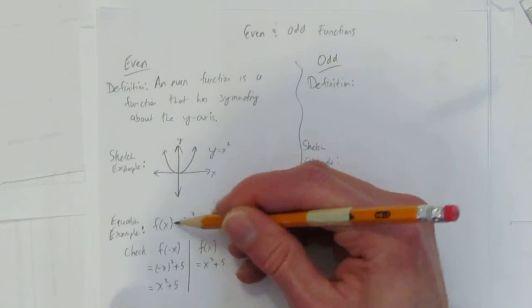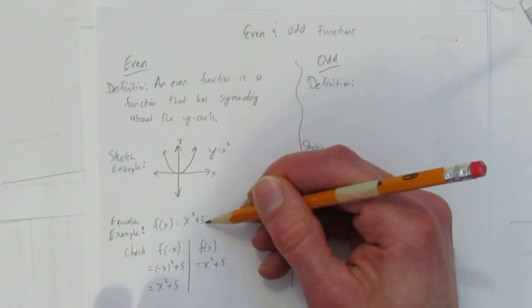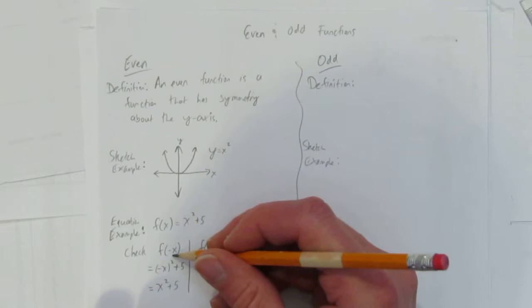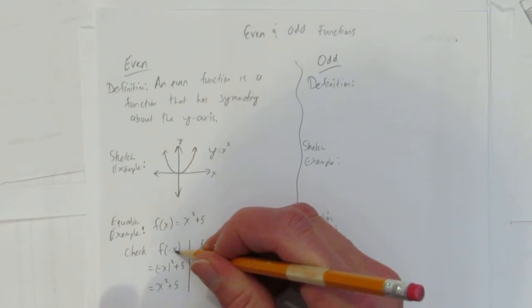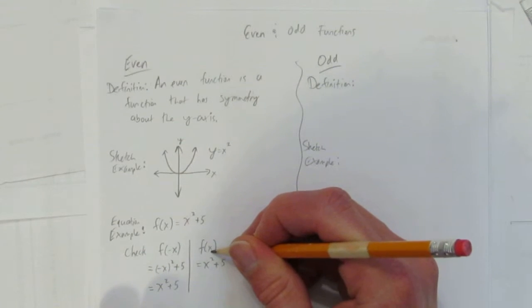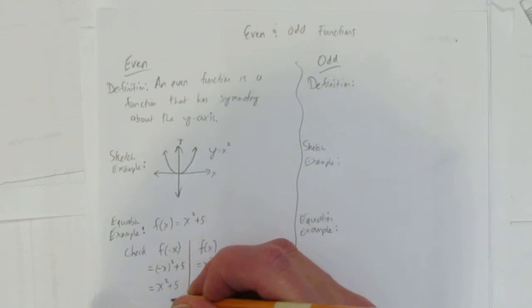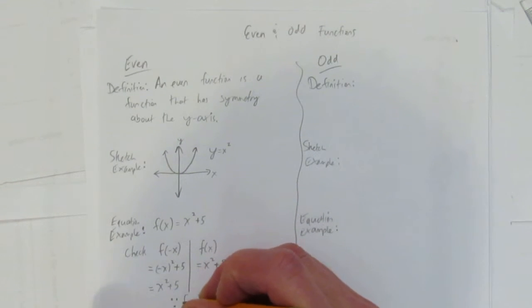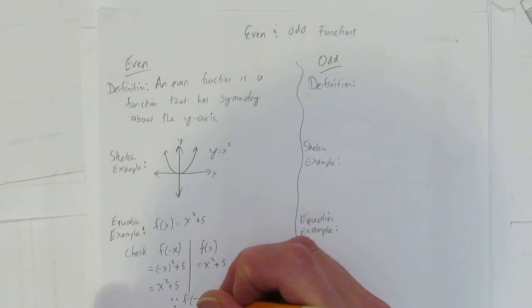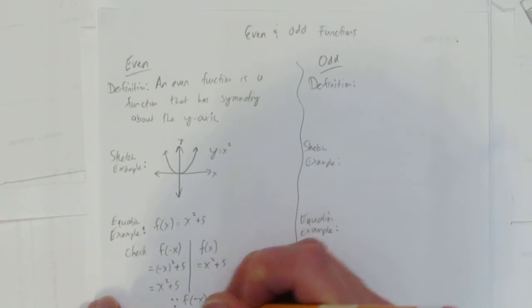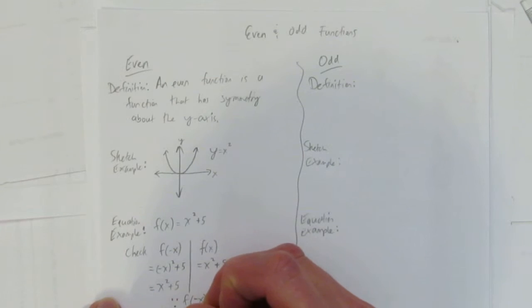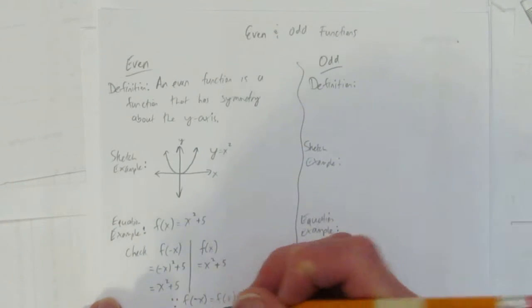And this is how you check algebraically that this function is even. And indeed it is, because going left any x gives the same y value as going right any x. So I'll write that. Since f at negative x equals f at x, then by definition, therefore, it's even. We've done it.